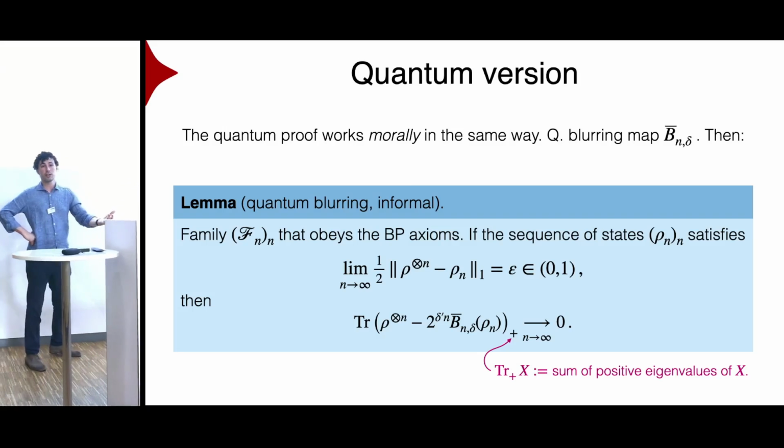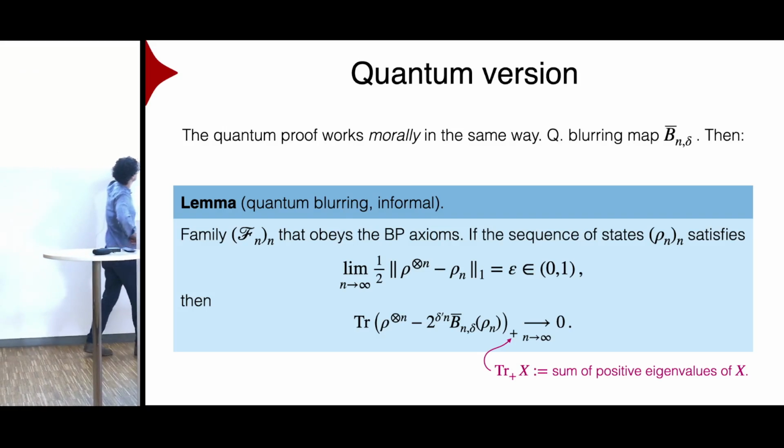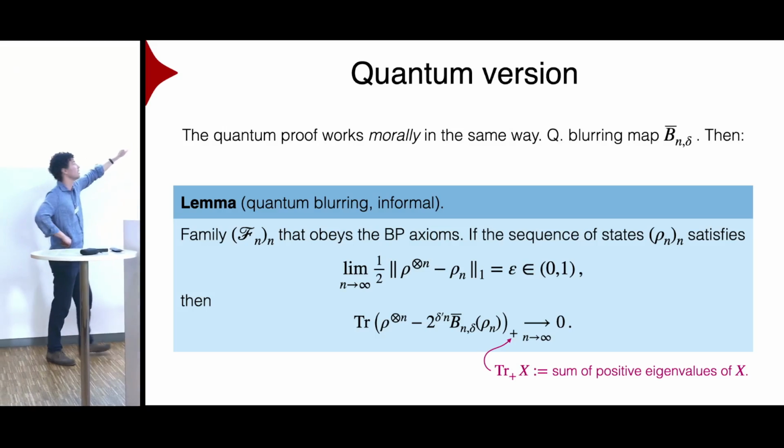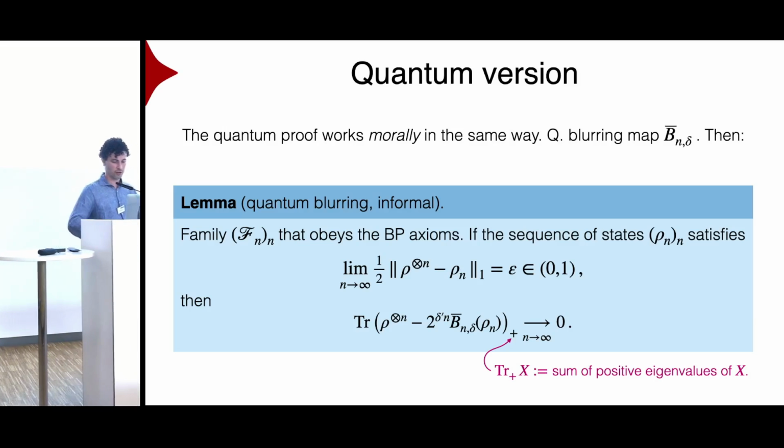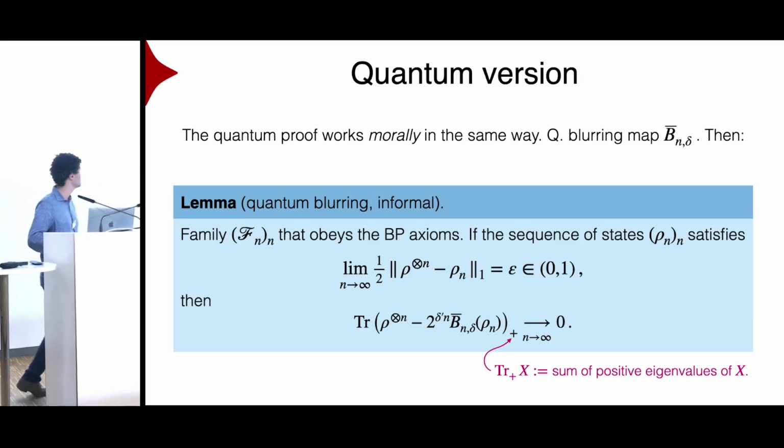And what does it mean to asymptotically dominate? Well, it means that this operator is approximately negative definite, meaning that the trace of the positive part goes to 0. It's kind of an informal version of the lemma. It's not the exact lemma, but it's basically this.